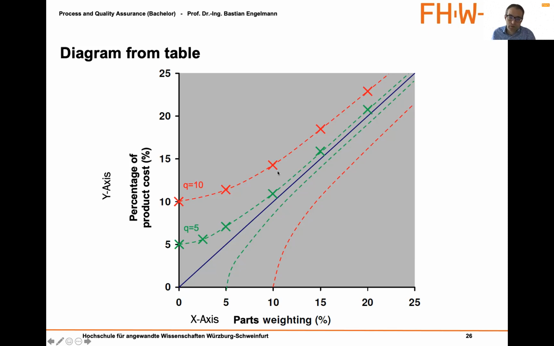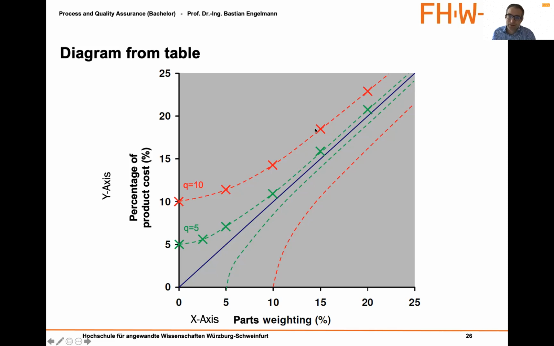When we have a component, for example, here, in the case of the red curves, it would also be okay. We are in the area between the red curves, but you see you are a little bit more away from the perfect state of the curve.